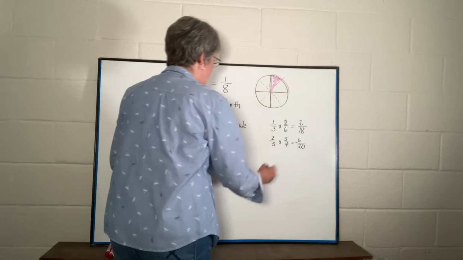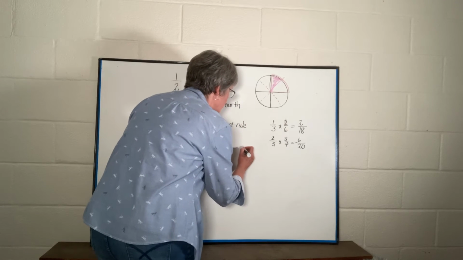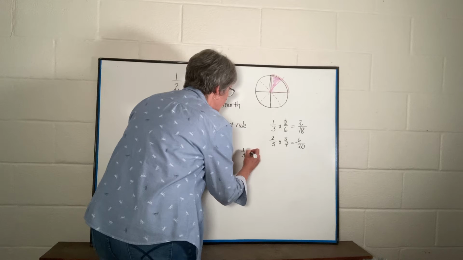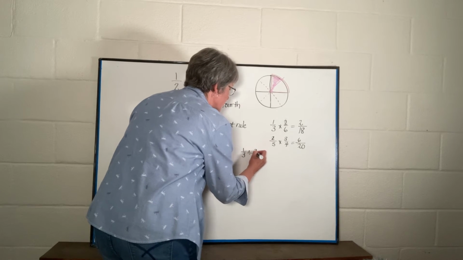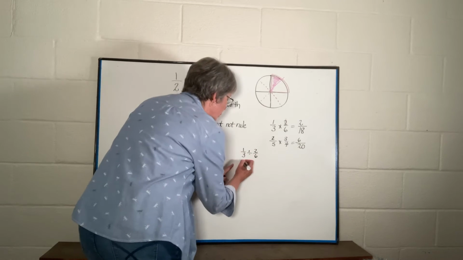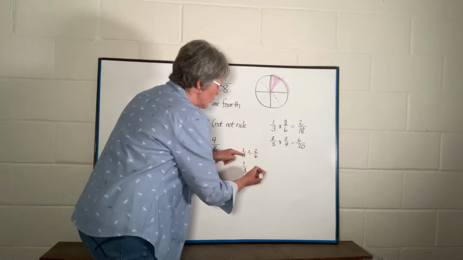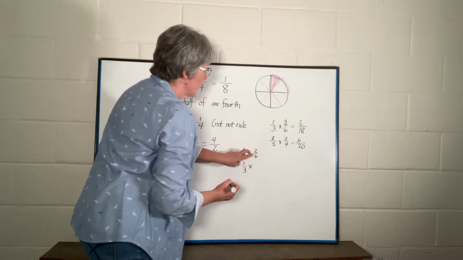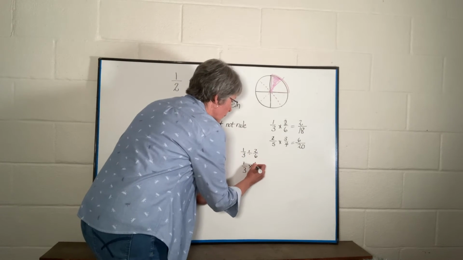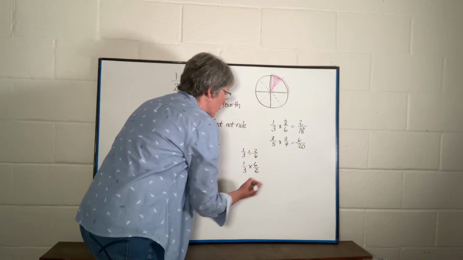Now let's do the same thing, but as division problems. Let's do 1/3 divided by 2/6. Again, first fraction is written down the same way. We do the opposite operation, and then we flip this one. The 6 now goes on top and the 2 on the bottom.